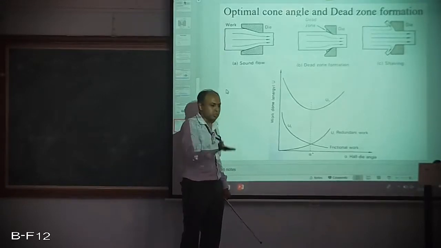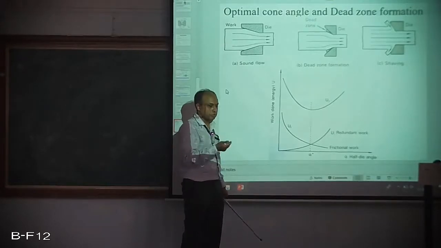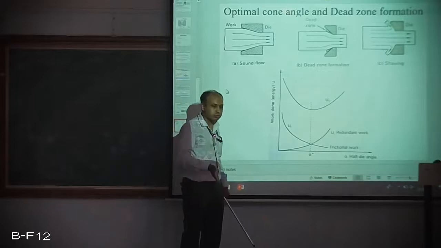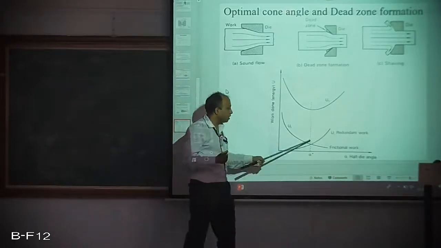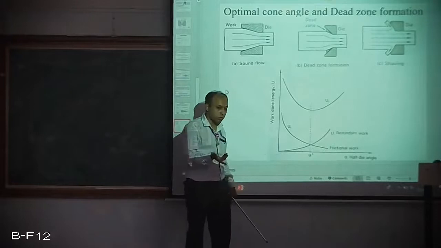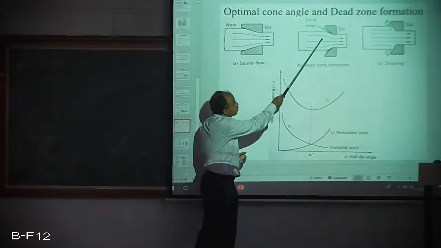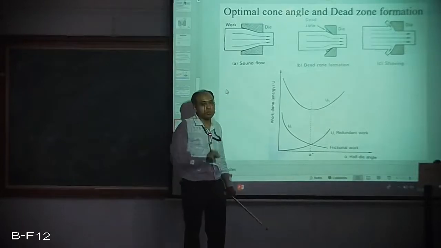If extra effort is required apart from just reducing the cross section, that is the redundant work. And if the redundant component of the work is more within the material, it will lead to inhomogeneity within the deformation zone.